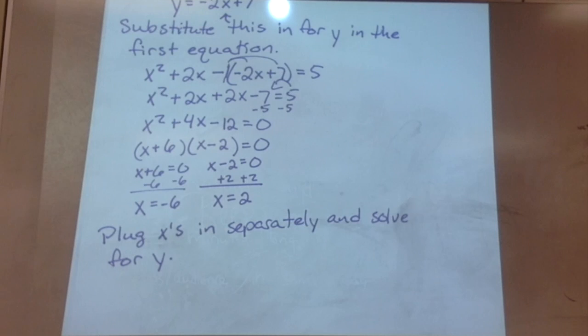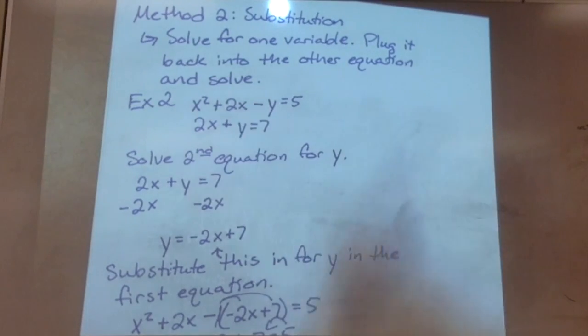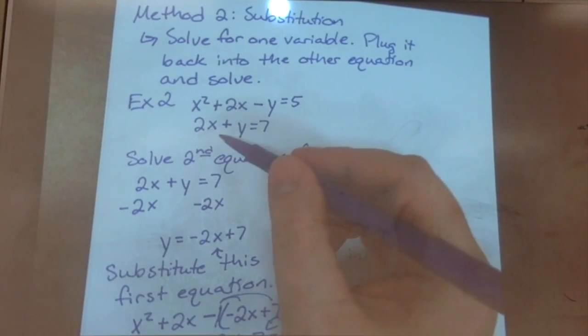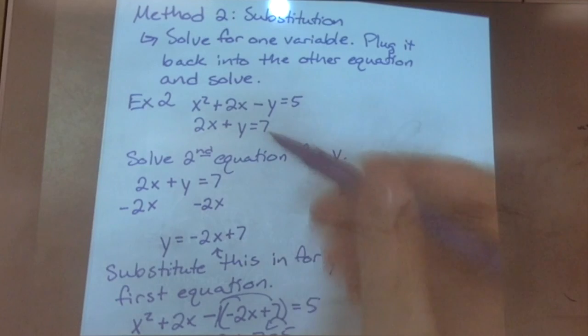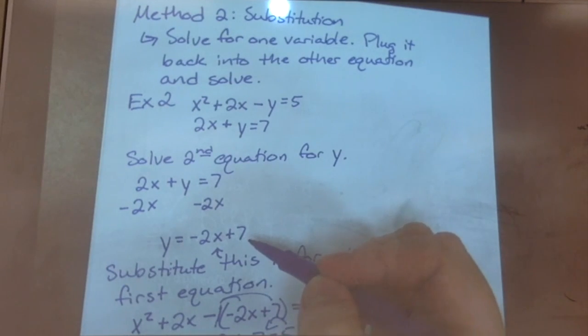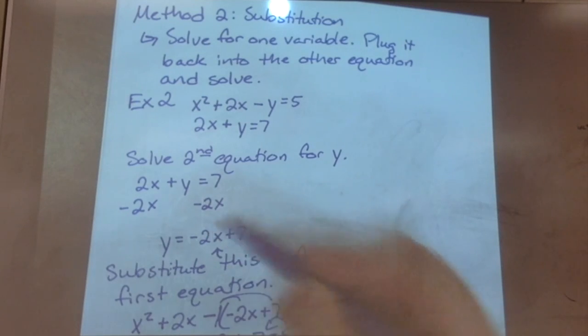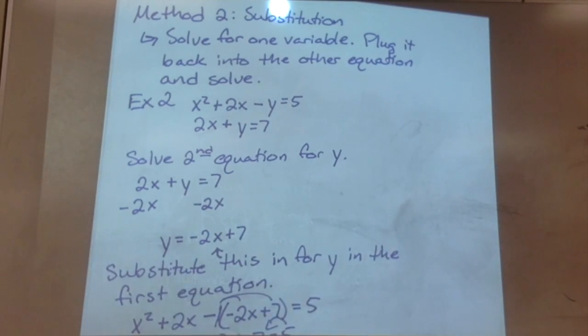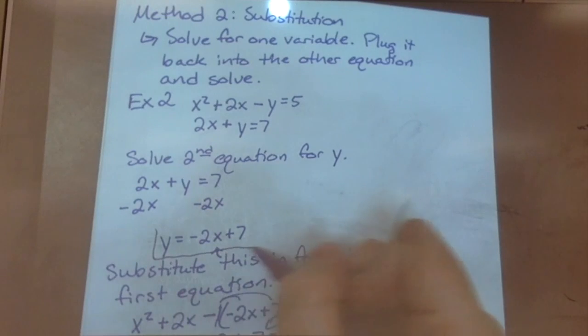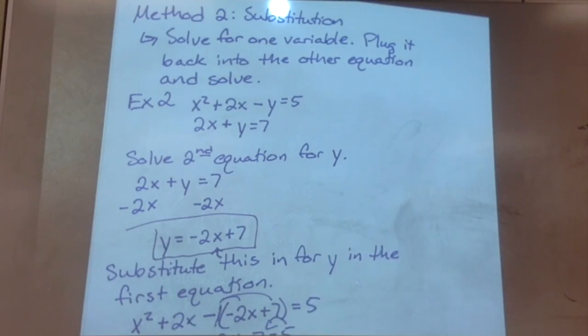Okay. So first I'm going to look at x equals negative 6. And guys, you can plug it back into any of these equations. Since this equation, 2x plus y equals 7, is the same thing as this equation where I just solved for y, to me it seems like it's going to be easiest to plug these back into this equation because you already have y equals something.